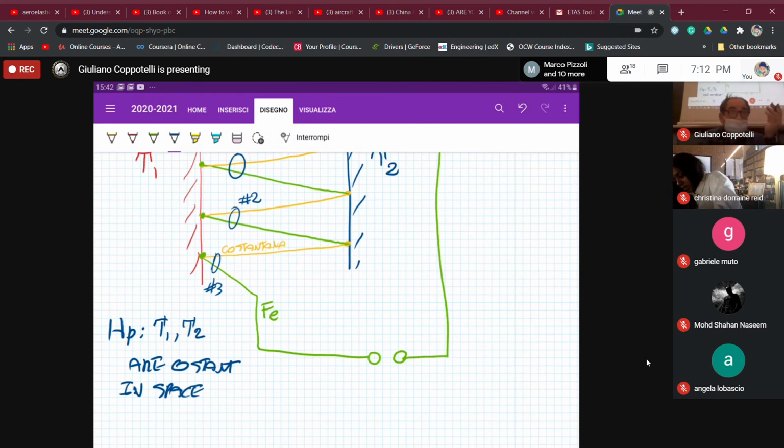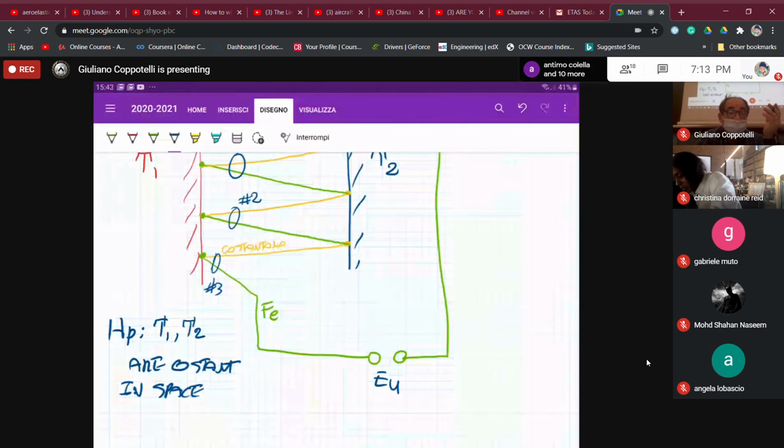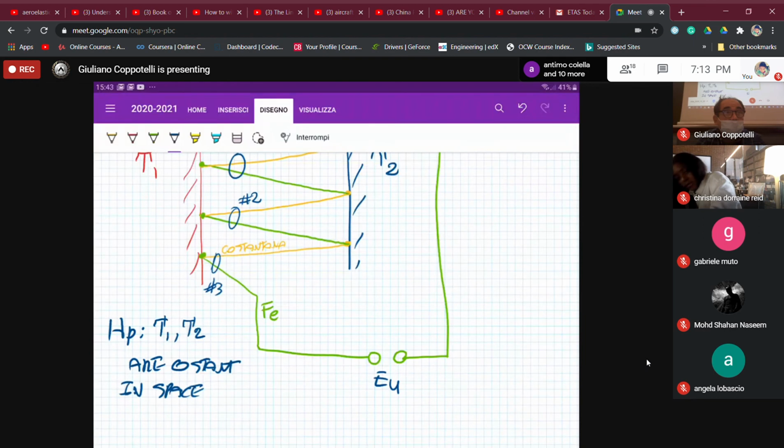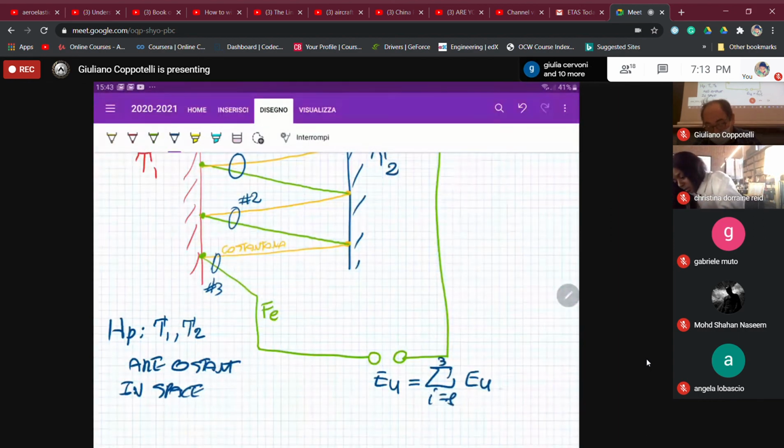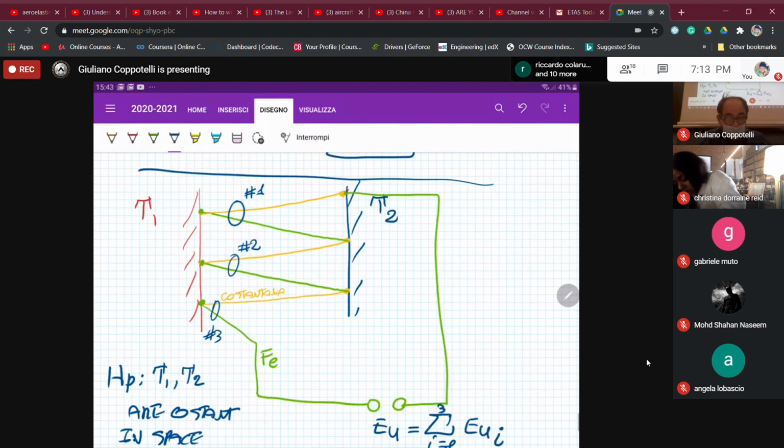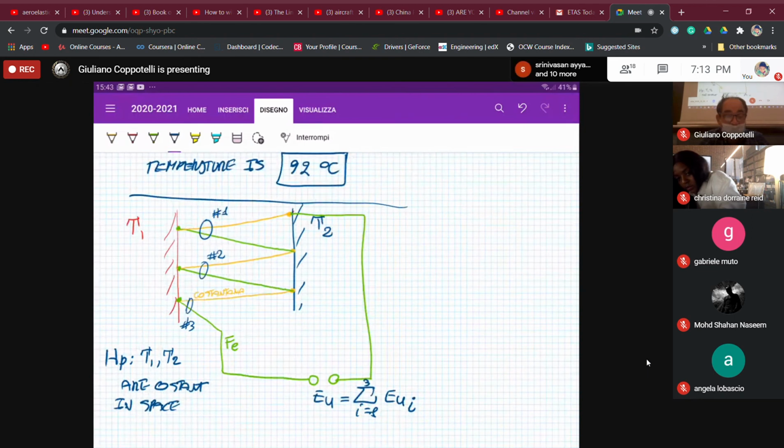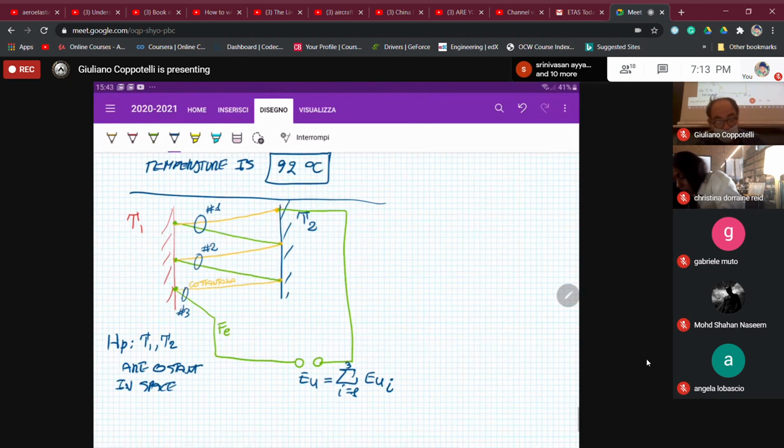What's happening is that the output tension, let me call that once again EU, could be viewed as the sum of the output tension of each thermocouple itself. So the output tension here could be viewed as the sum from 1 to 3 of each output tension of the 3 thermocouples that we have here, just because we have a series of thermocouples.